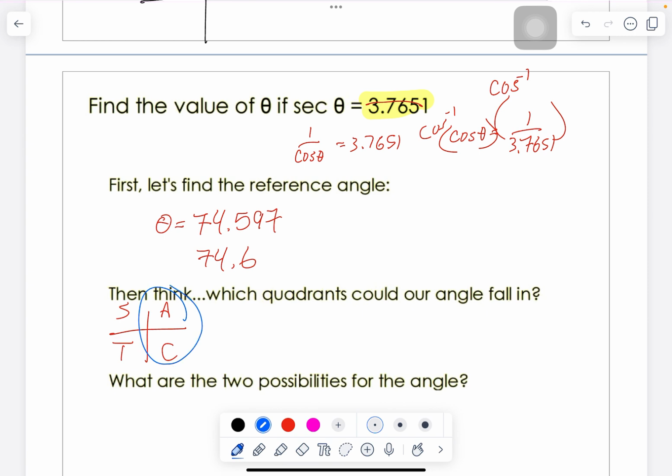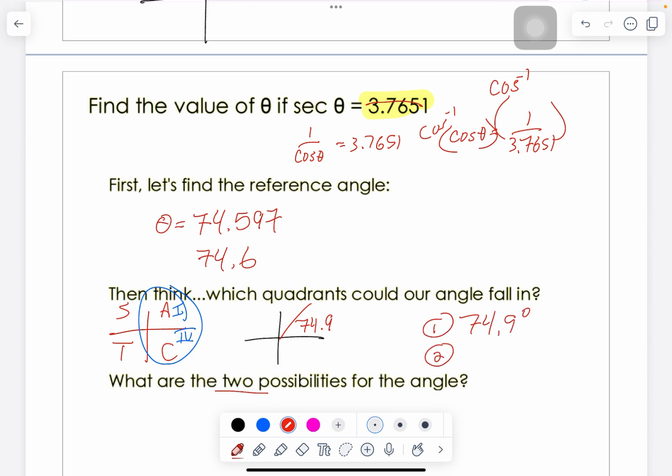It's got to be in quadrant 1 or quadrant 4, because if it is secant, cosine's positive there, so is secant. So I'm going to put that reference angle in the first quadrant, which means that 74.9 is flat out the angle. So there's one possibility.